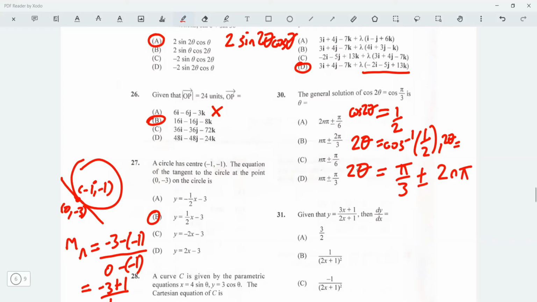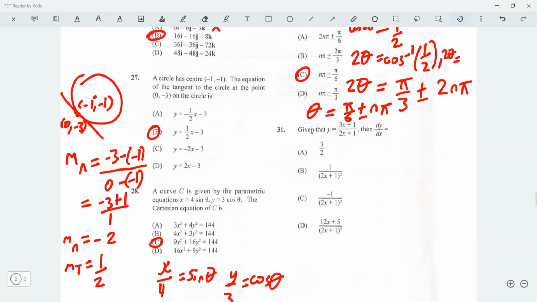When you divide through by 2, theta is going to be pi by 6 plus n pi, which is option C. I know it's a repeat, but I just can't remember from which year.